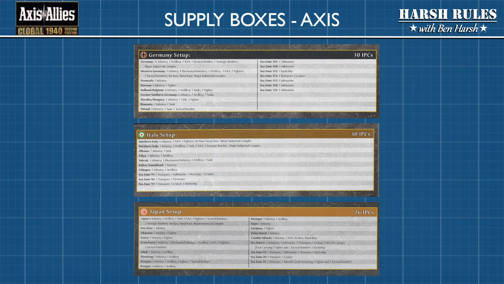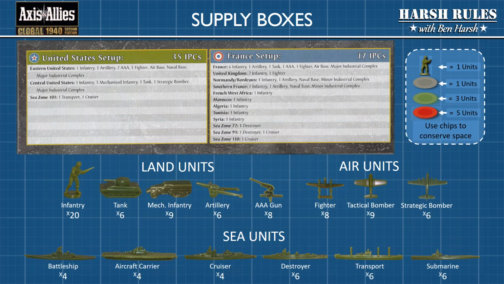And these are the Axis supply boxes for Germany, Italy, and Japan. Each supply box contains a set number of land, air, and sea military units. While the number of units between nations varies slightly, with the exception of China that has only infantry units, all nations have the same units you see here represented.